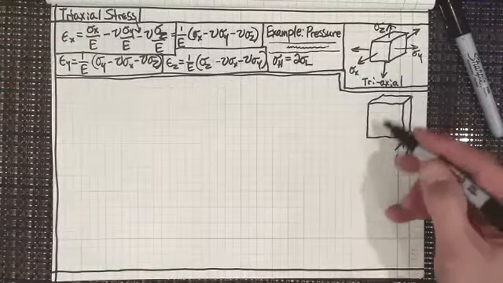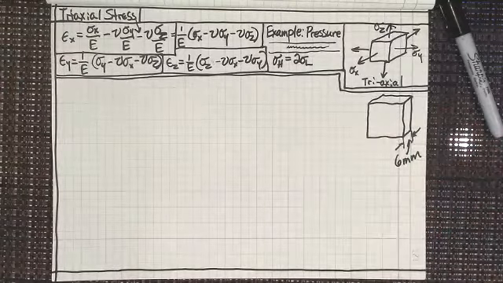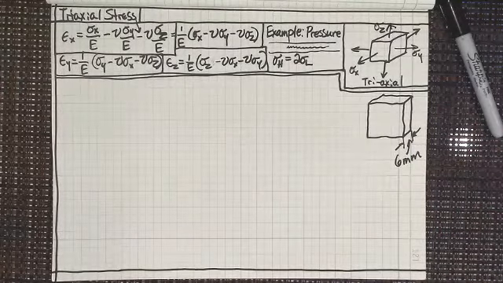It doesn't really matter because we're just really looking at the strain in that direction. But I'll give it some distance so that you can see how much larger it would be.